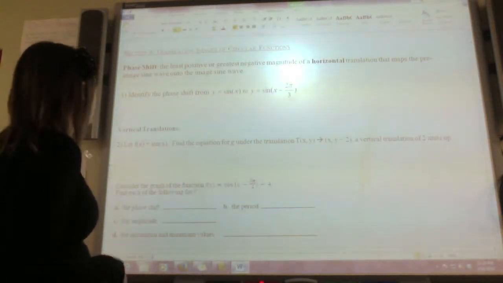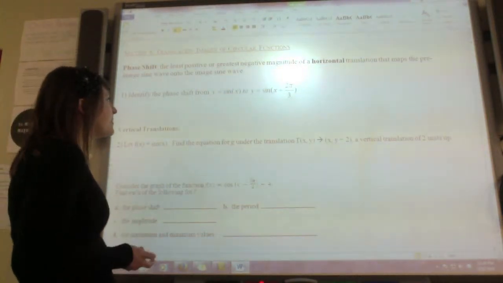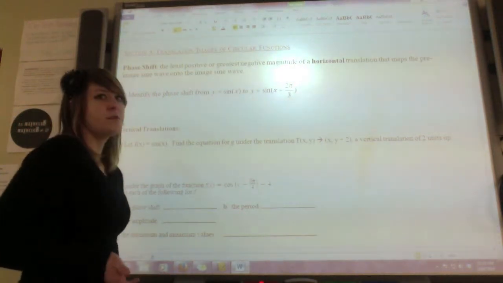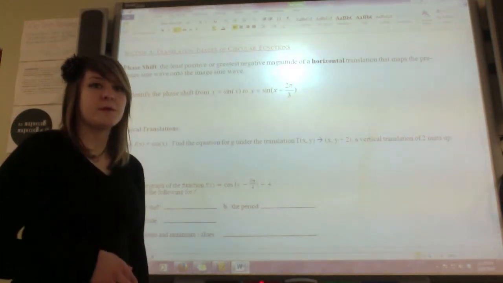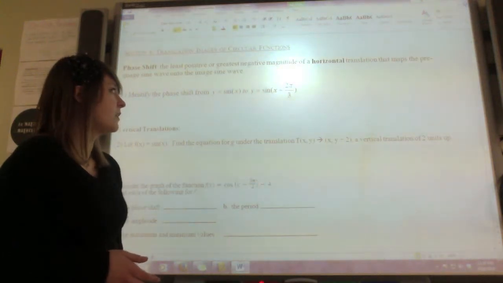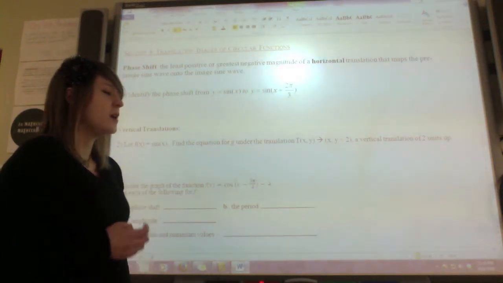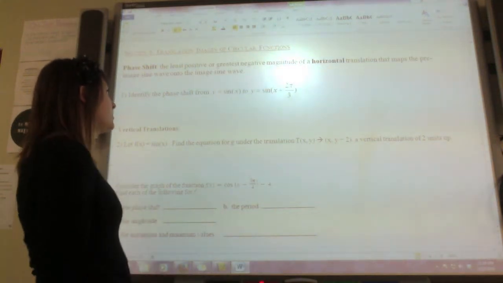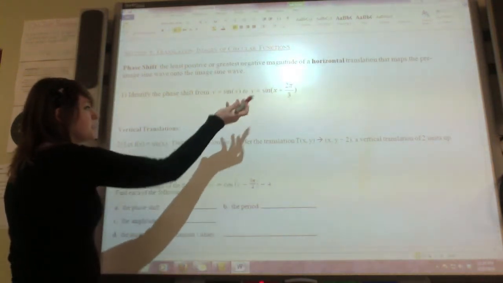So the first problem is we want to identify the phase shift from y equals sine of x to y equals sine of x plus 2 pi over 3. If we think back to Chapter 3, where we were doing scale changes and translations onto parent functions, this is the same exact thing.